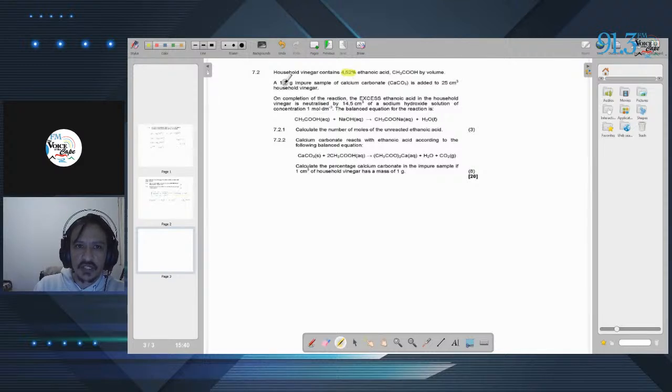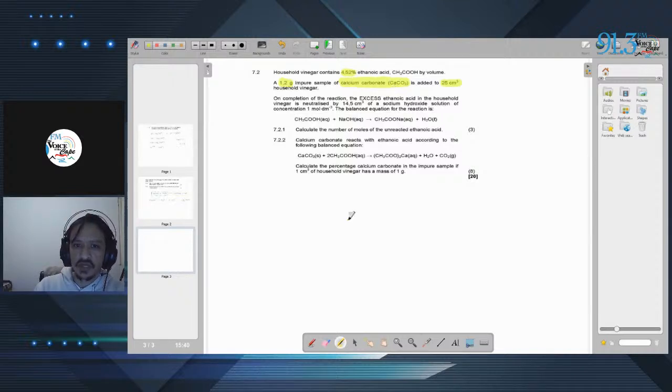Our sample of calcium carbonate is 1.2 grams and it's impure. Right, so that means that it's not just calcium carbonate in here, only a certain percentage of this is calcium carbonate. It is added to 25 centimeters cubed of household vinegar. Well, if household vinegar is only 4.52% by volume, then we don't actually have 25 centimeters cubed of vinegar, do we?